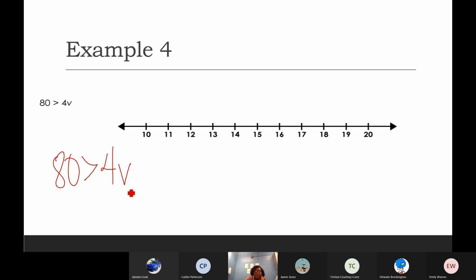Okay? So go ahead and write down this problem, and then write down this number line with the same numbers you see from Miss Neville. We'll go on in 2 minutes.